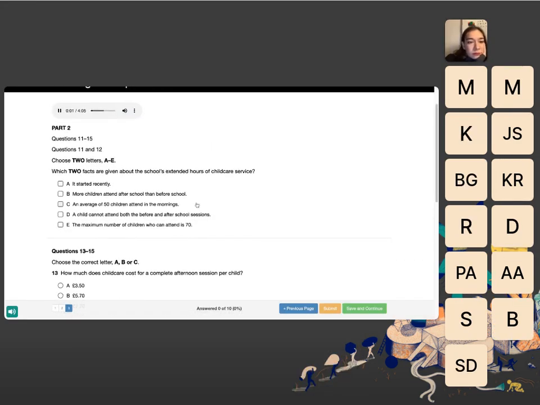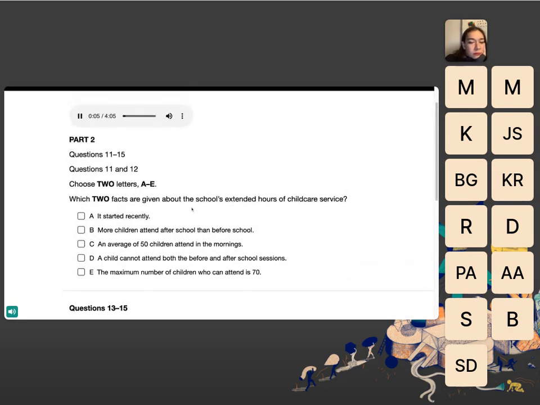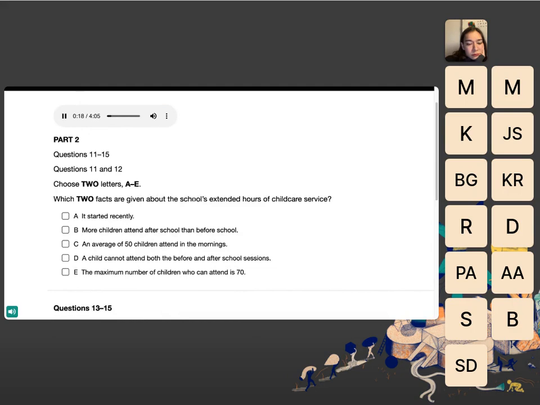Part 2. You will hear the manager of a childcare service at a primary school talking to parents at an open day about the school's childcare service offered before and after school. First, you have some time to look at questions 11 to 15.